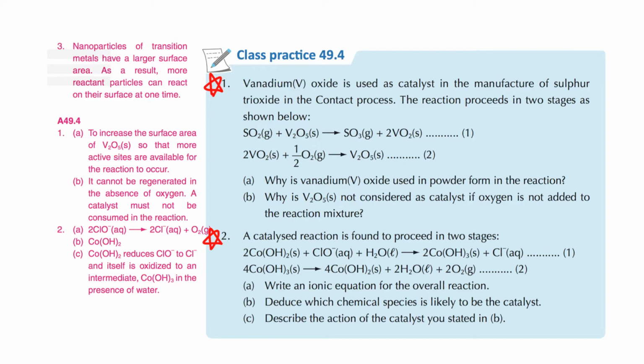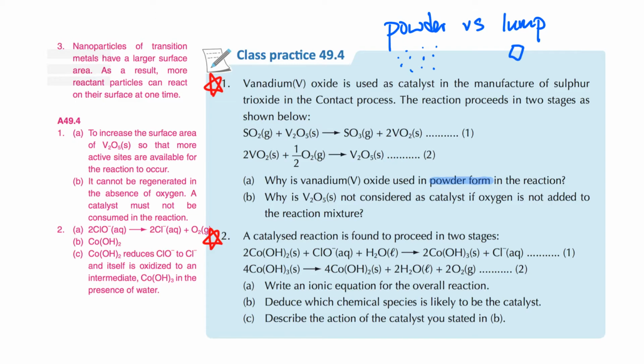First of all, why is vanadium(V) oxide used in powder form in the reaction? This is a very typical question. Why is something in powder form? Normally, comparing powder with a lump, the advantage of powder is that it is small and has a large surface area. A lump is a large piece, so the surface area is limited.